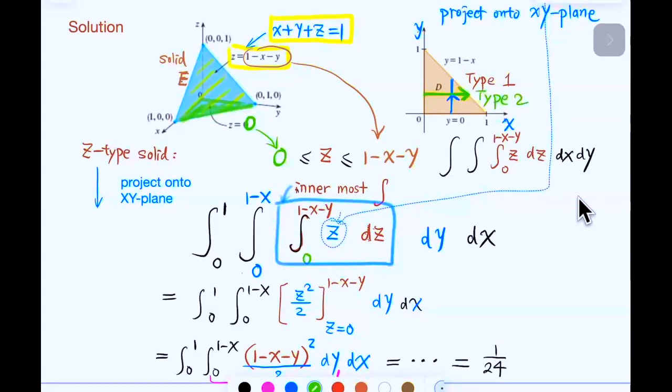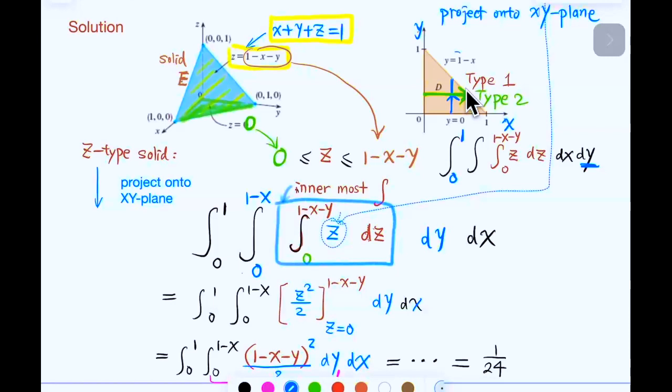You draw the arrow from left to right, okay? And you see that y is going to go from a constant 0 to 1, right? Y goes from 0 to 1. X goes from what to what? X goes from 0 to 1 minus y.